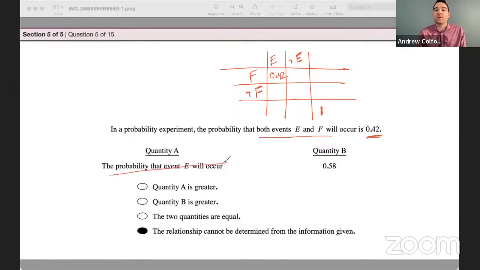It wants to know the probability that E will happen, so it's basically asking for this. Well, it could be 0.58, could also be 0.59, could also be 0.57, depending on what this mystery cell is right here. And because I don't have that information, I can't know.